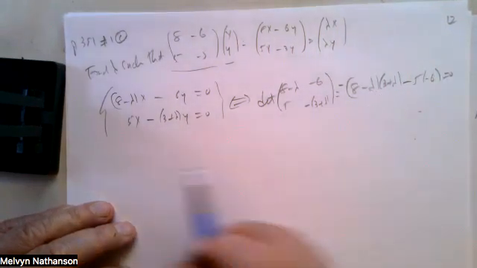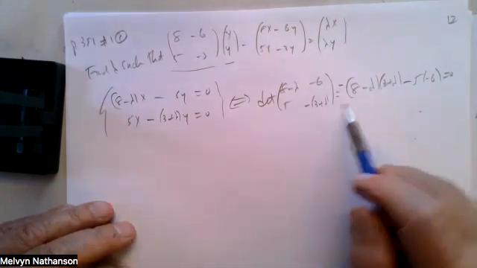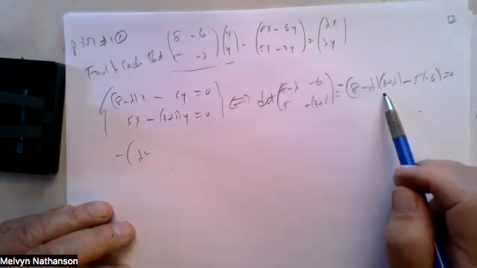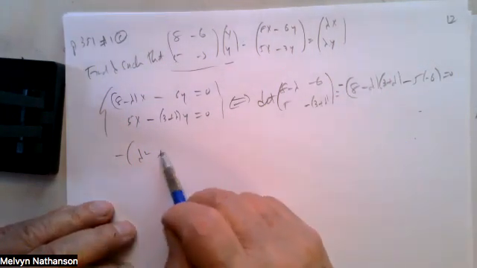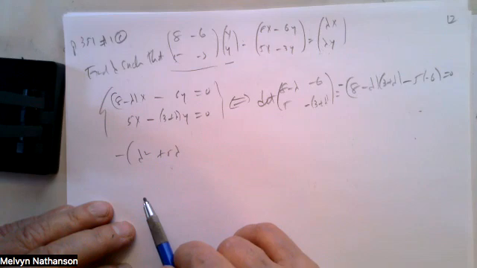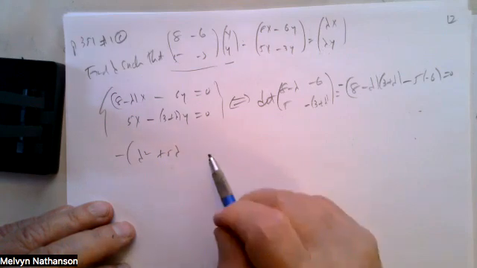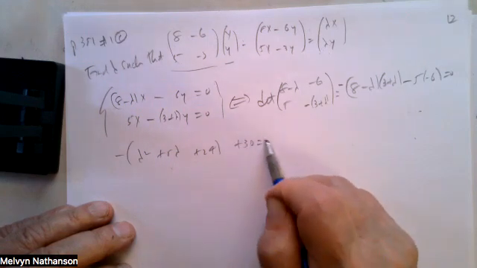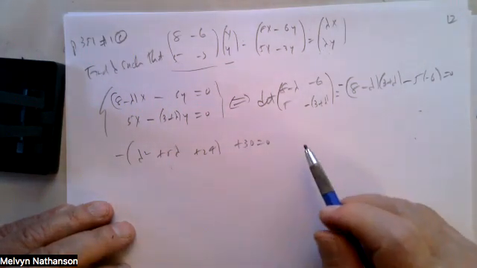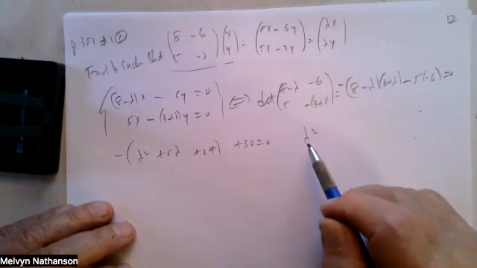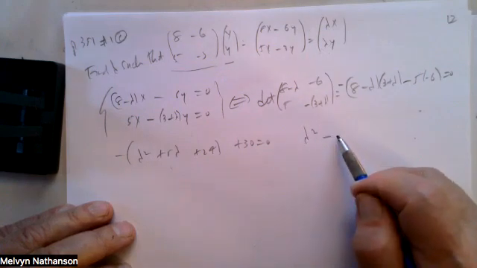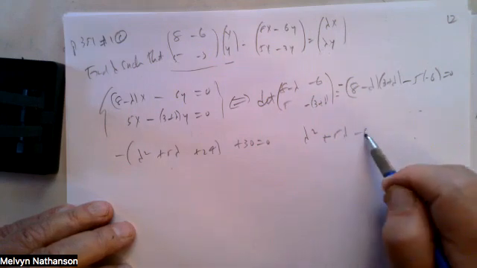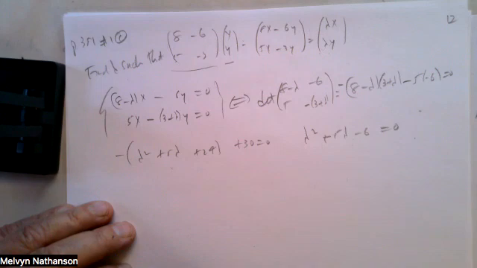See, if I multiply this together, I get minus λ squared plus 5λ plus 24 plus 30 equals 0, which is the same as λ squared minus 5λ minus 6 equals 0.